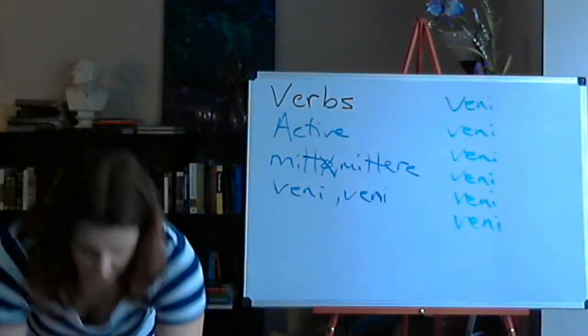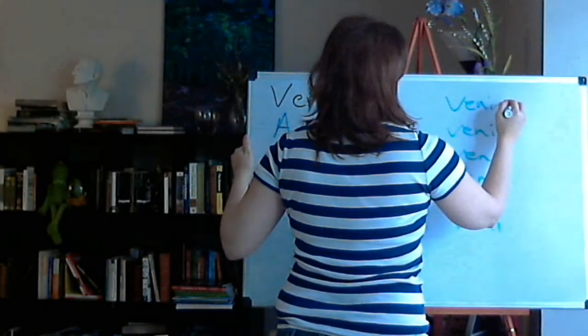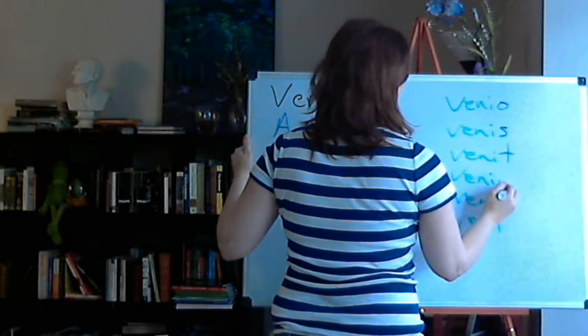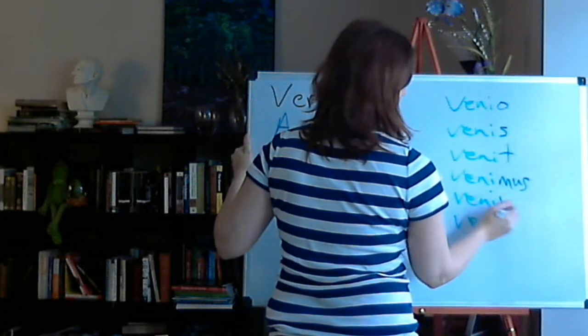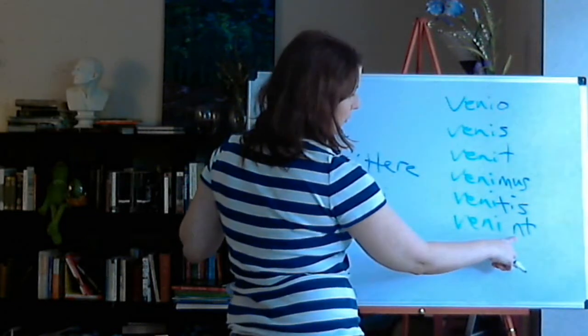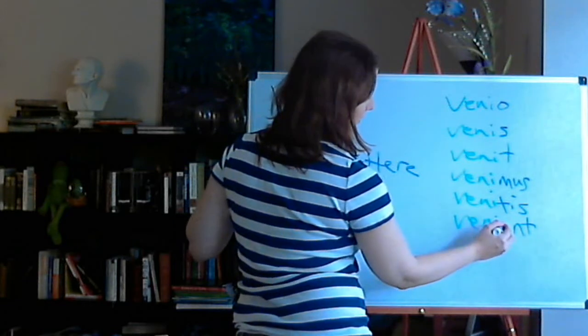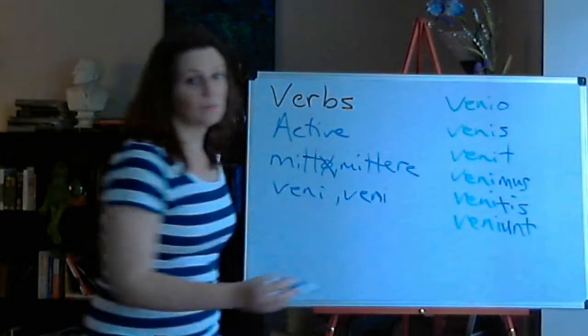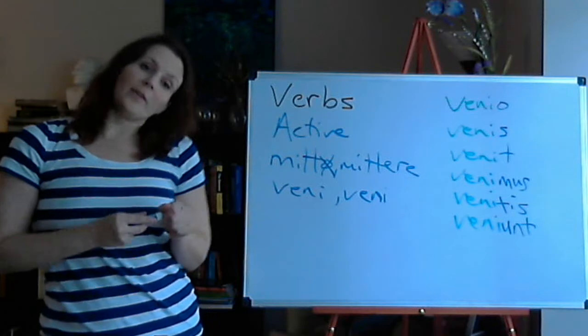And to that, we just add our old beloved active indicative endings, O, S, T, MUS, TIS. We will have an NT, but again, the vowel I is too weak to support the two consonants after it, so we add a U, or as we say in class, I am weak without you.